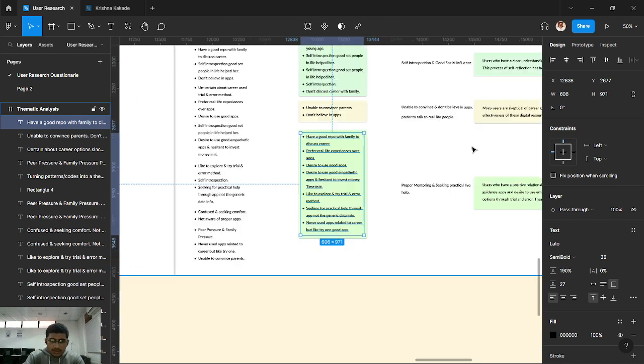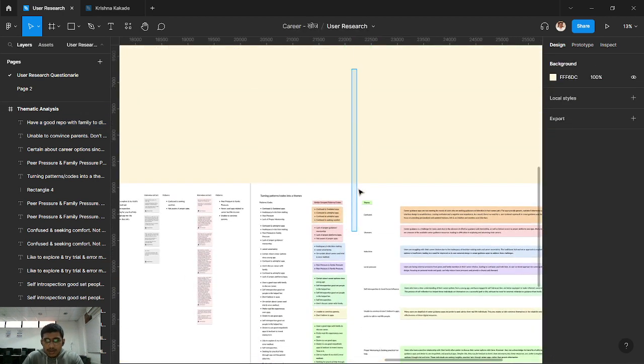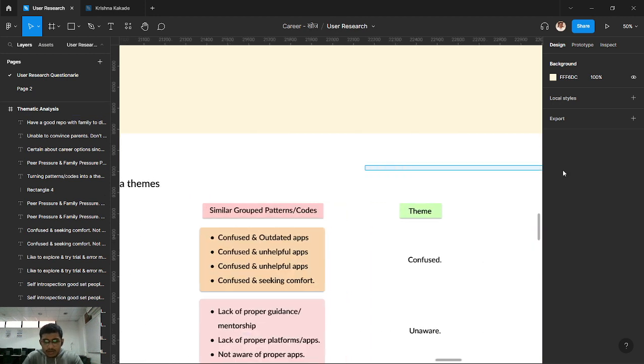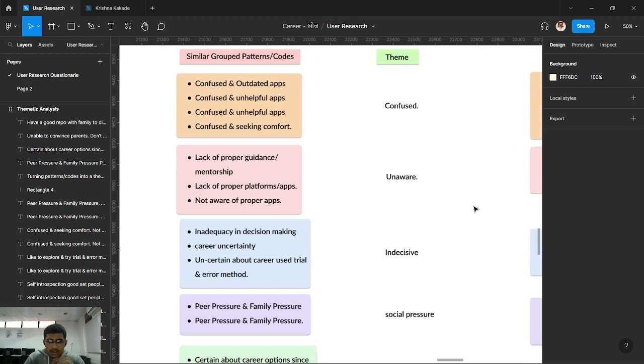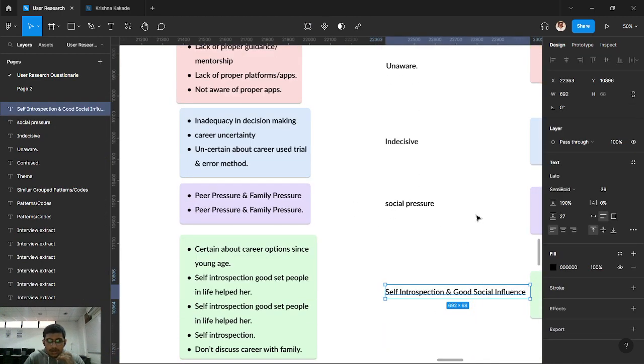On the basis of the similar patterns we identified and grouped together, in thematic analysis we are going to generate themes from that data. The themes I am able to generate are: confused, unaware, indecisive, social pressure like family pressure and things like that.